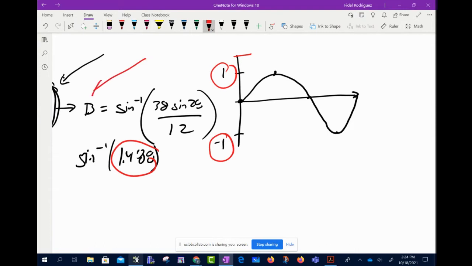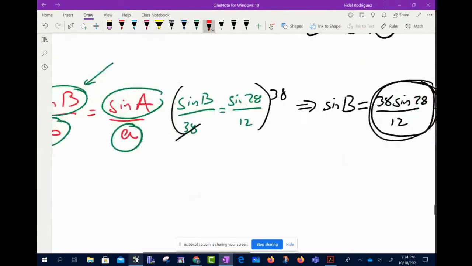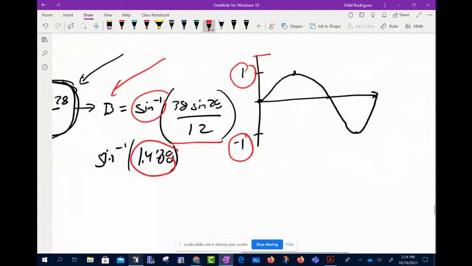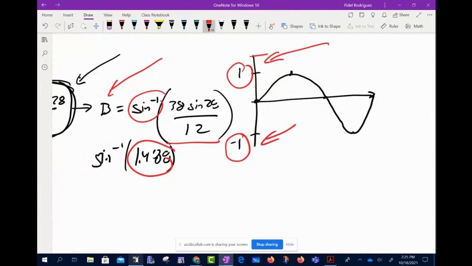So when we're trying to do our sine inverse of that number, it's not going to happen, right? This is why we say there is no solution to it, okay? Because I can't take the sine inverse of a number that is either higher than 1 or lower than -1. It's not going to happen because sine itself bounces back and forth between 1 and -1, okay?